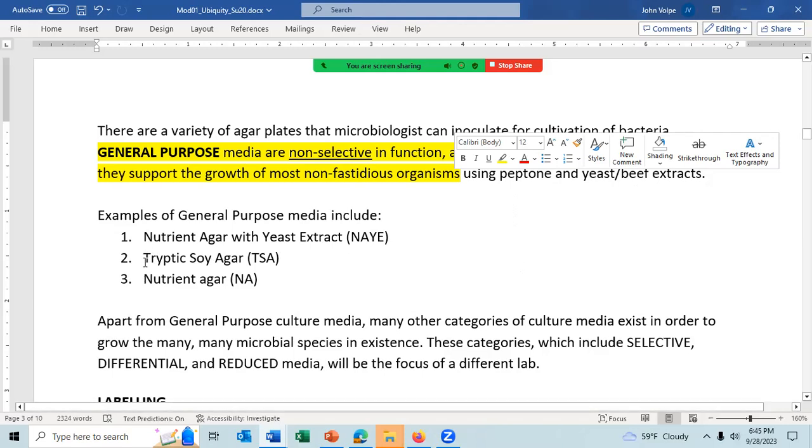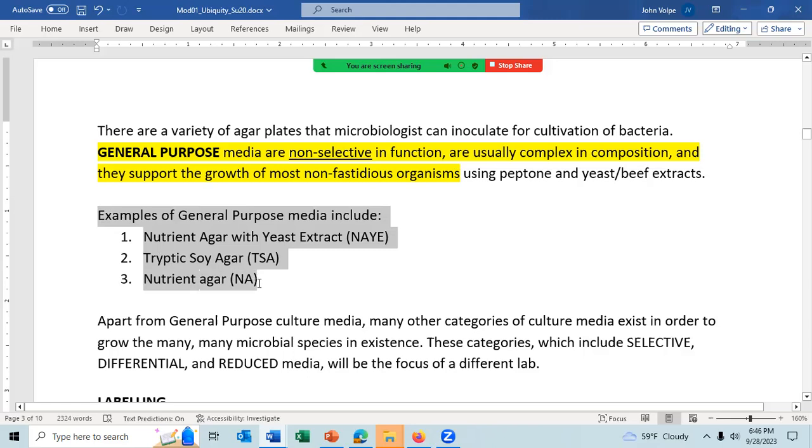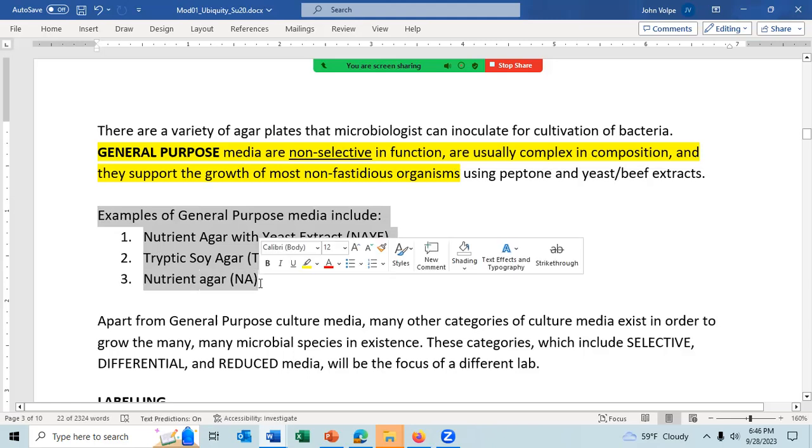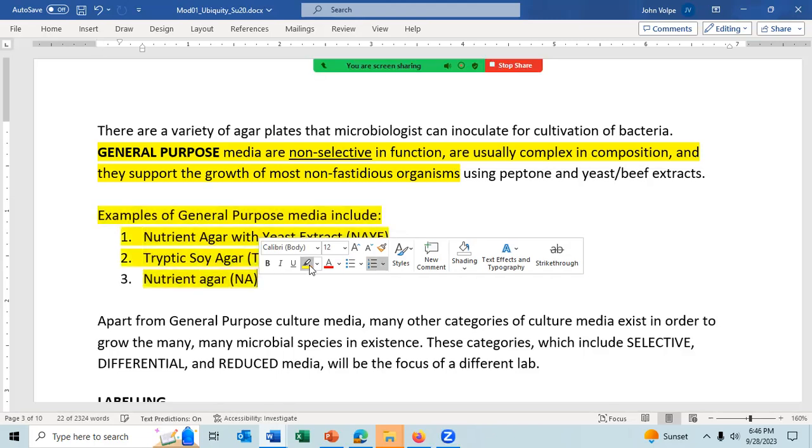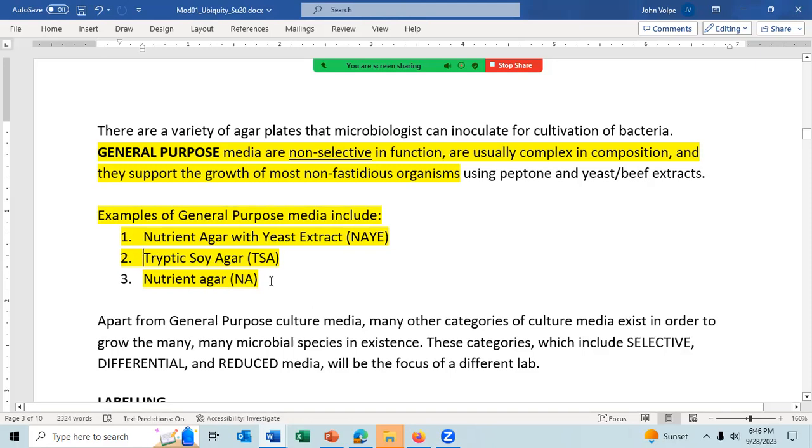Another general purpose media would be tryptic soy agar, or TSA, and tryptic soy is obtained from soybeans. And that supplies the nutrients for the bacteria to grow.